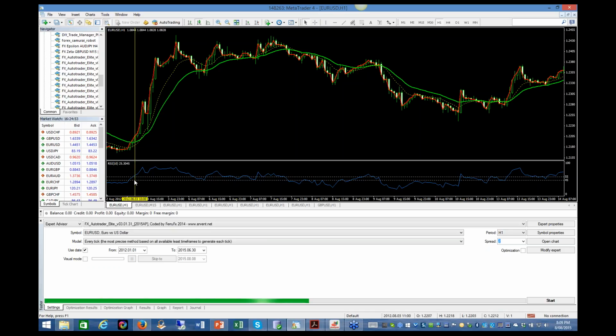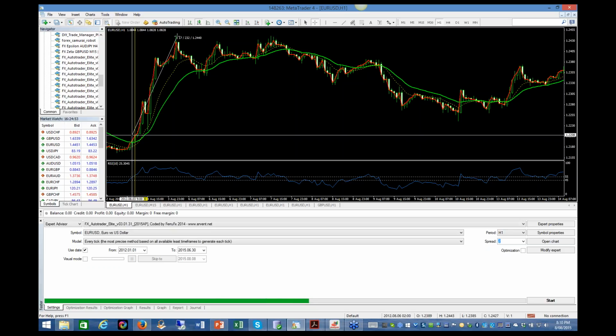It's 14 pips there. RSI is above 55, so the EA would have entered a buy trade at this point here, and all going well, it would have exited on a trailing stop at that point here, unless it had hit a take profit target. But the distance from there is 230.